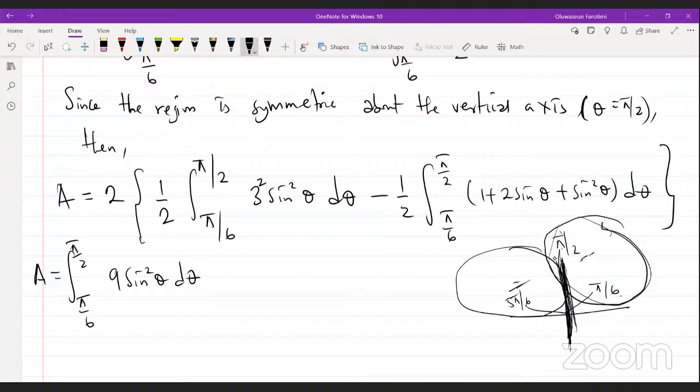If you have a question for me, oh, what happened to the 2? What happened to the 1/2? You know they can cancel, right? Minus, this is pi over 6, pi over 2, 1 plus 2 sine of theta plus sine squared of theta d theta.